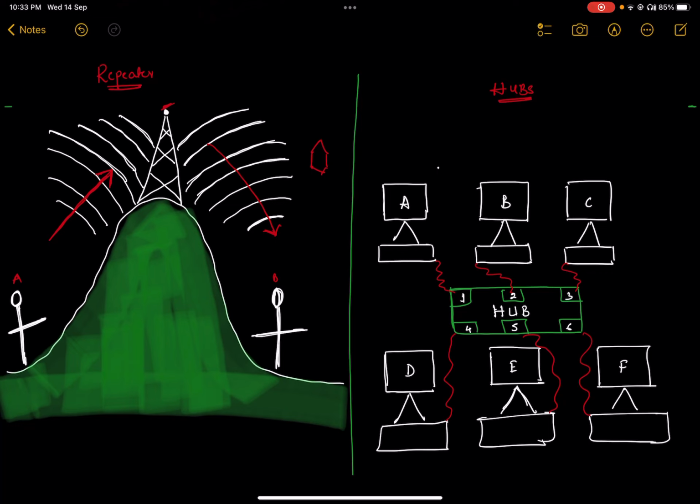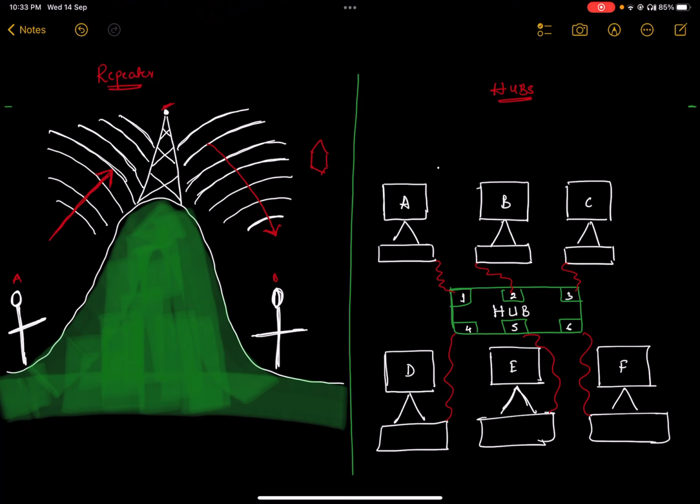So now let's move on to hubs. Let's talk about why we need hubs. What was the need that actually made us invent hubs, right? So let's assume we are sitting in a lab, and we have all these six machines, and I would like to give you a real-time scenario here.